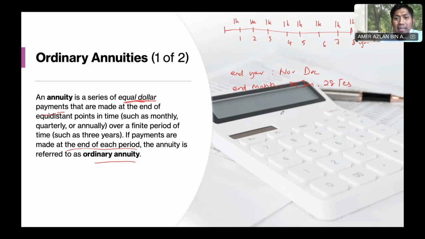So an ordinary annuity is when the payments are made at the end of each period. So that is the annuity and the concept of ordinary annuities.